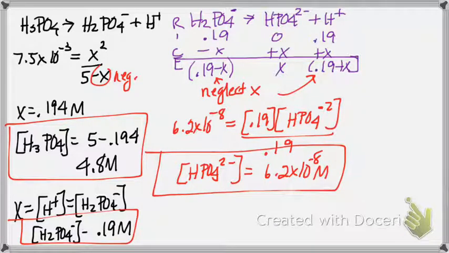So we can figure out the last one. It's going to be very negligible. To get the last one, for the phosphates, the only thing we're missing now is the phosphate concentration, correct? So for that one, we're going to do Ka3, which is equal to the H plus times the phosphate.